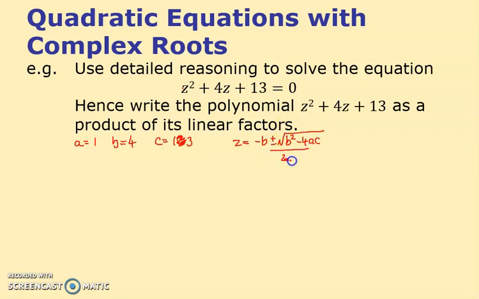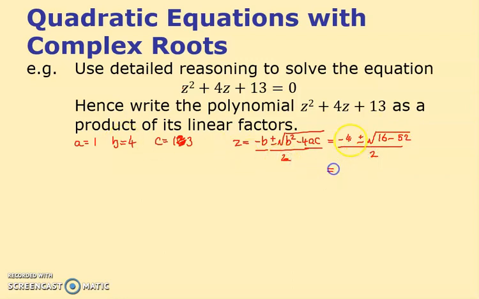It's no different from what we've seen before. It's minus 4 plus or minus the square root of, b squared is 16. Just do this in your head: 4 times 13 times 1, I reckon that's 52, so minus 52, all divided by 2a, and 2a is 2.